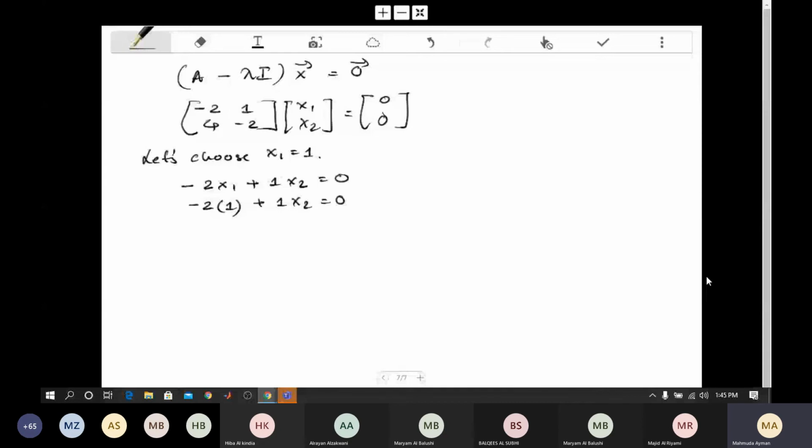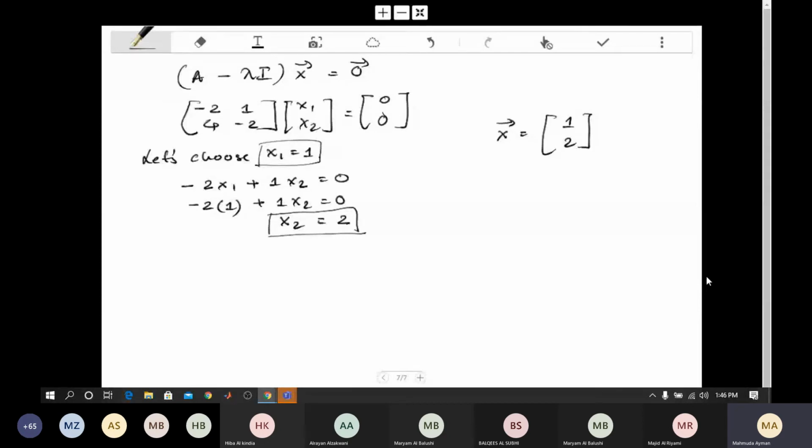So we'll have here x2, the minus 2 will go that side and become 2, divided by 1, which is equal to 2 again. So x2 is 2. So we got our values now, x1 as 1 and x2 is 2. So the x vector we can say is equal to 1, 2.